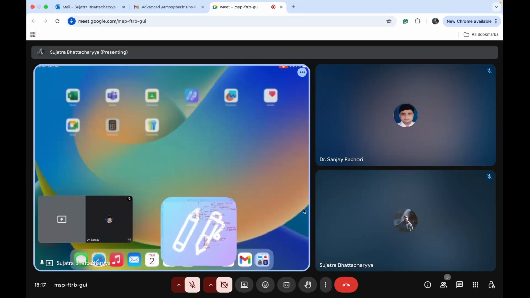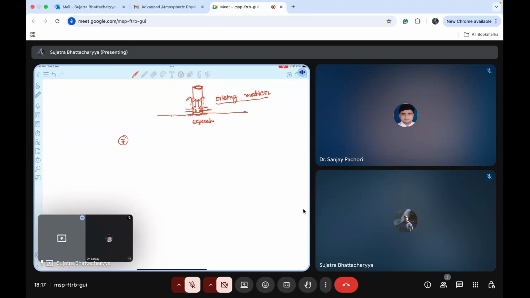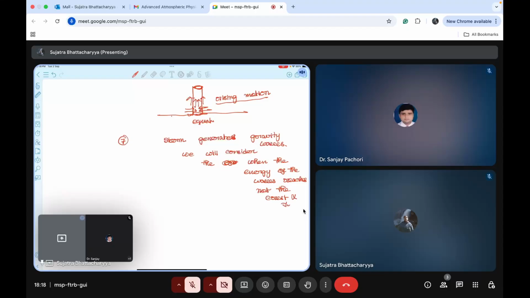Okay, so simple is the solution: your storm generates gravity waves, and we will consider when the energy of the waves reaches, not the crest and trough.